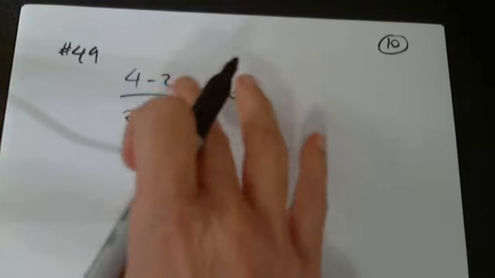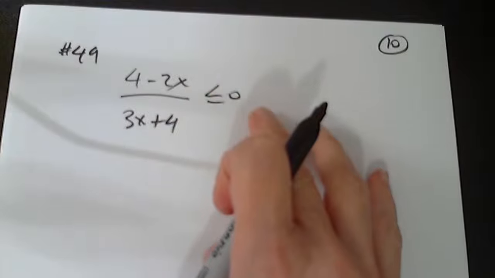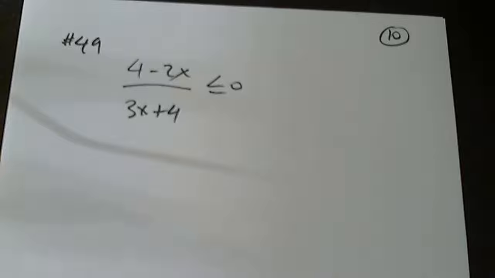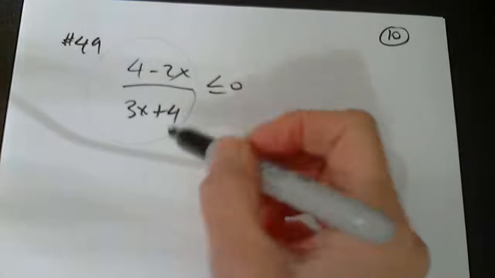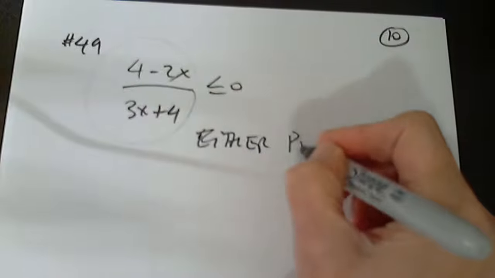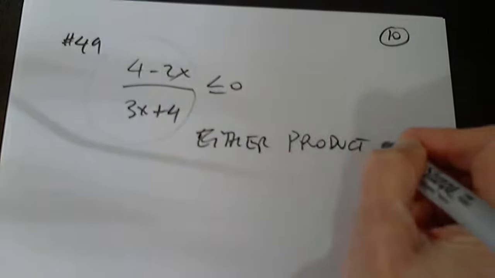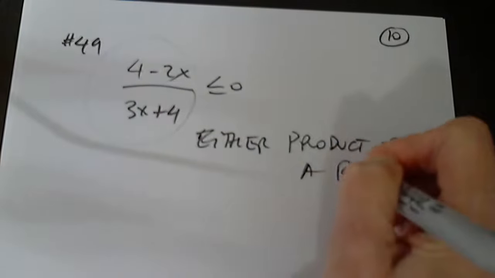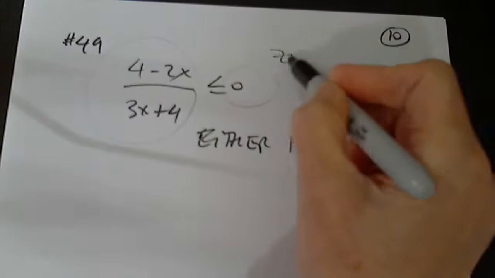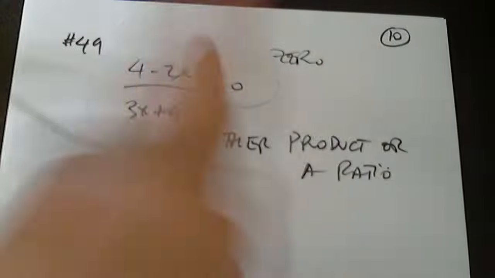Okay. So again, this is already done, meaning I have a ratio on one side and 0 on the other. Otherwise, I cannot use the table. I have to have on one side either a product or a ratio. Mandatory. And on this side, 0. It doesn't matter which one.